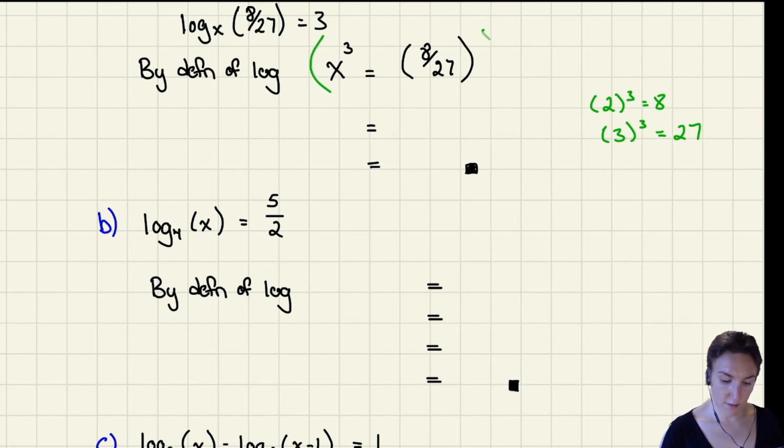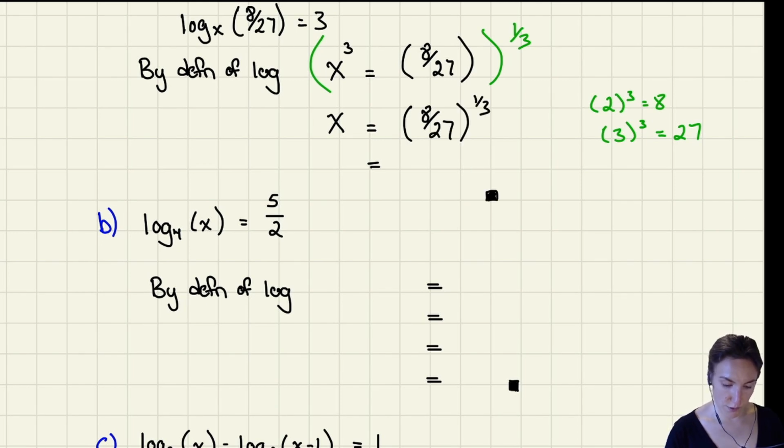Taking everything to the power of 1 over 3. If I do that, then I have my x by itself, and then I have 8 over 27 to the power of 1 over 3. So by exponent rules, this 1/3 is being applied to both the top and the bottom. So we can write this as 8 to the 1/3 divided by 27 to the 1/3. And I know that that's equal to 2 over 3.